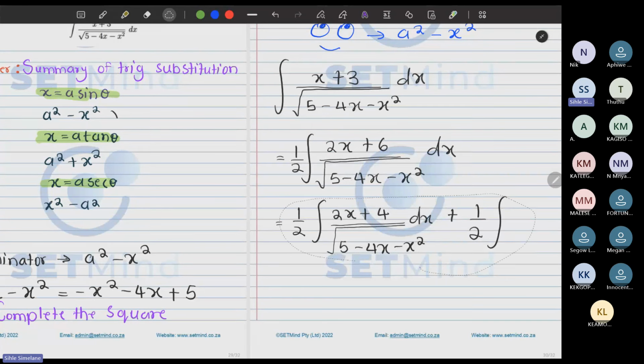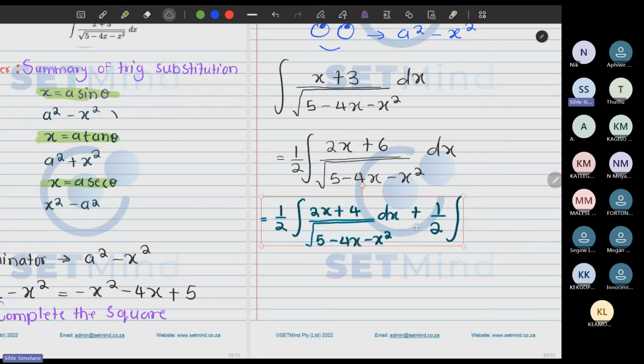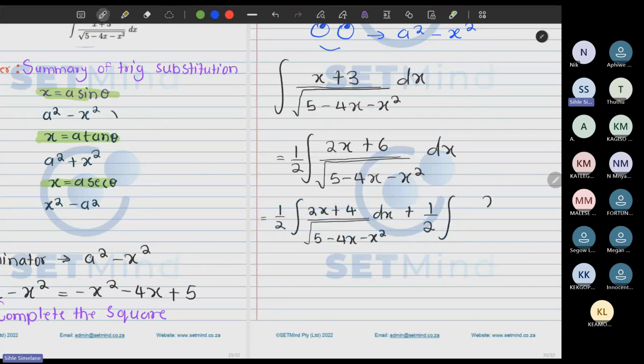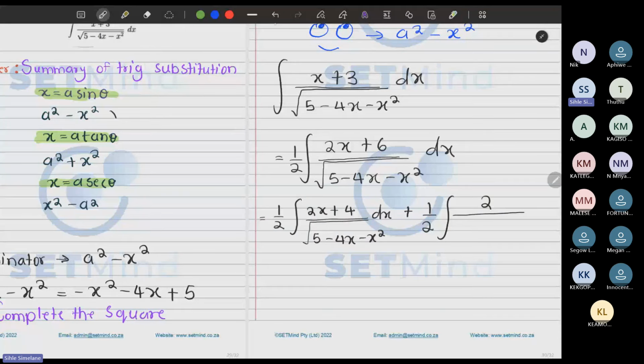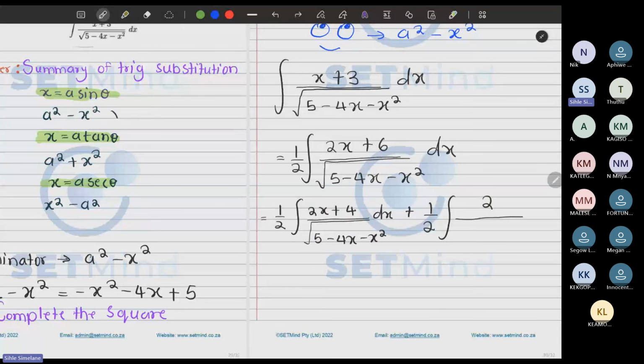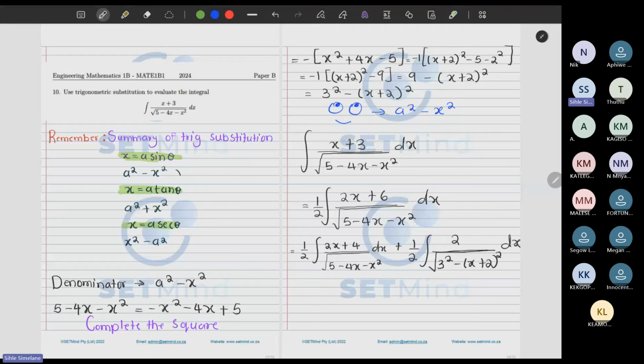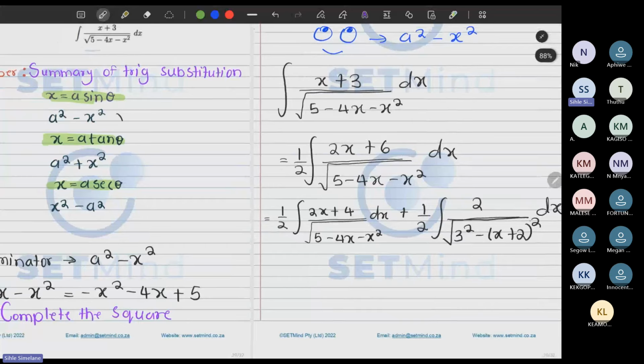For the part that has a constant, I can already change the denominator to what I just found, which is the square root of 3 squared minus x plus 2 all squared, with dx. So that is what we have. And now I'm in a position to deal with the integration here.